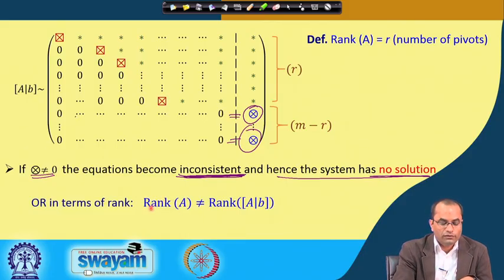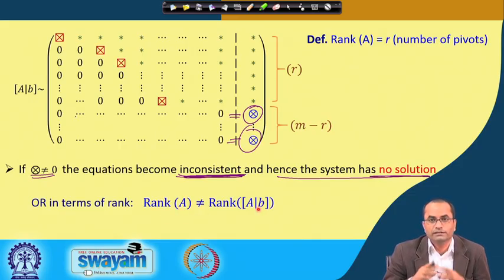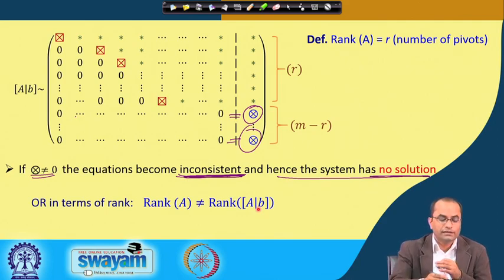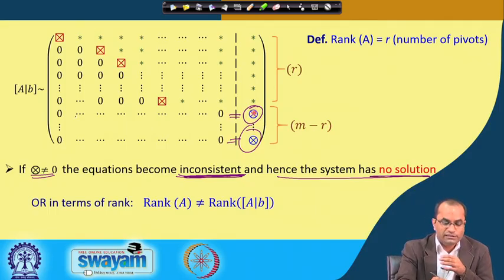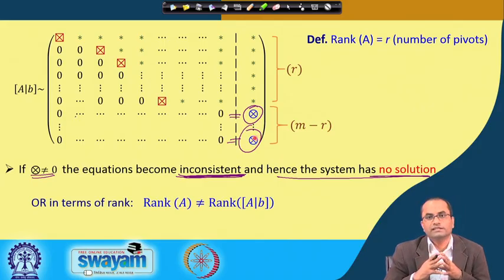So, if the rank of A and the rank of the augmented matrix are different, then the system is inconsistent. This happens exactly when we have something non-zero corresponding to the 0 rows, because then there will be a pivot element in the last column. In other words, we have a pivot in the last column, and this is exactly the case of inconsistency.